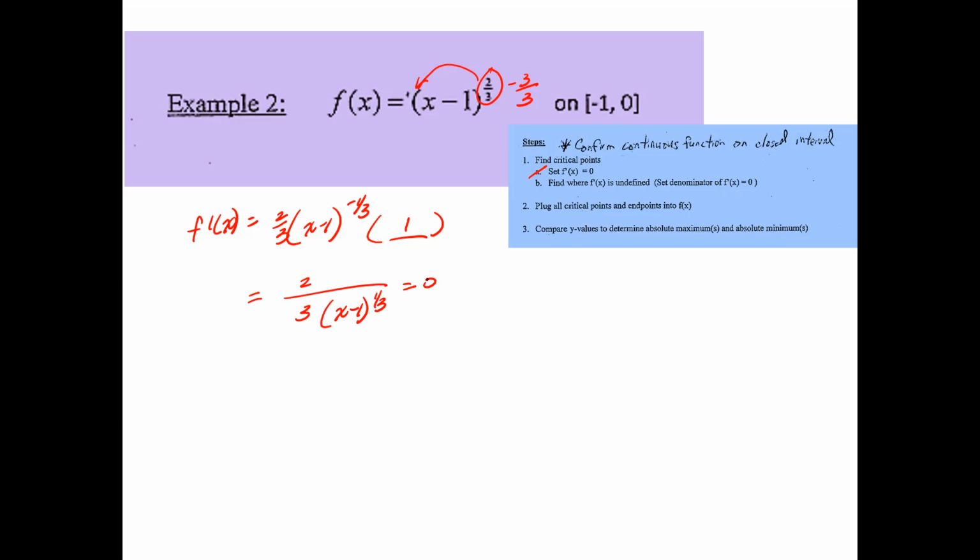So in this situation, how would you go about finding your critical point? Well, I'm going to put a 1 underneath it right there, and I can go ahead and cross multiply. So 2 times 1 is a 2. Well, actually, no, that would not be good because I have 0.